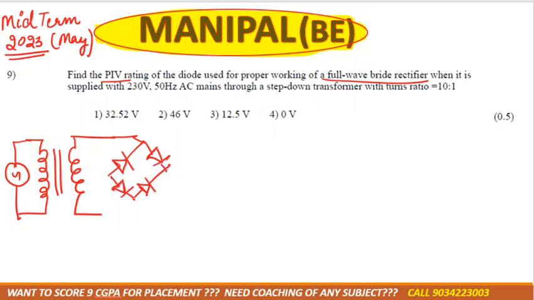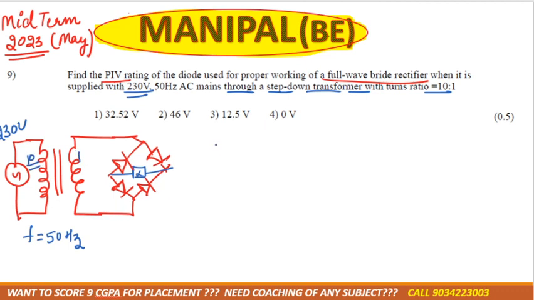This is the bridge type rectifier, and here the load is connected. They have given the supply voltage, the primary voltage 230 volt, and frequency 50 hertz, to a step down transformer with a turn ratio of 10 turns to 1 turn.